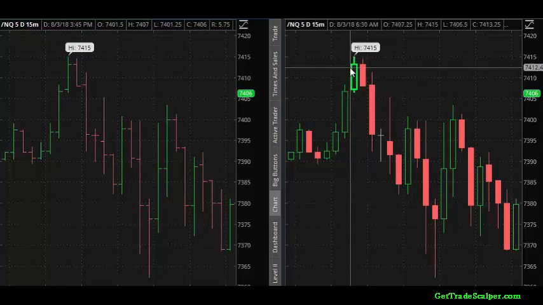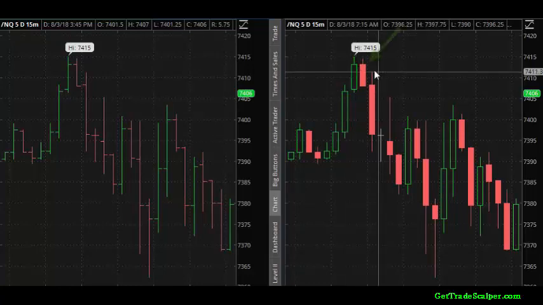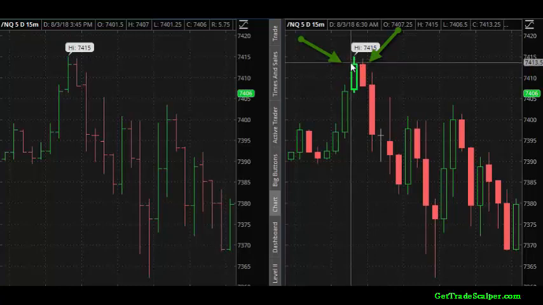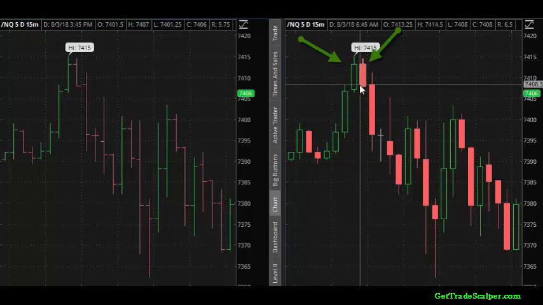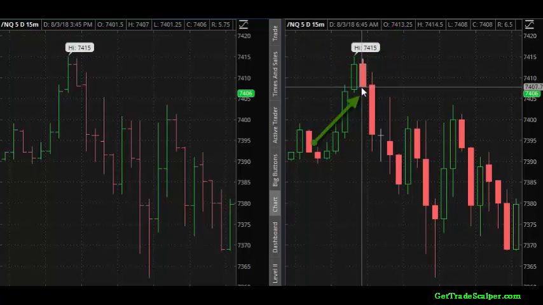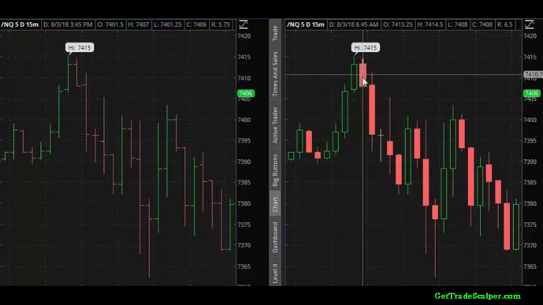Whenever you have, and you want to make note of this, whenever you have a candle that opens close to where the previous bar closed, and you have a closed price equal with the open, with the low price, that's a definite trend changing indication. Remember that, it's very important.